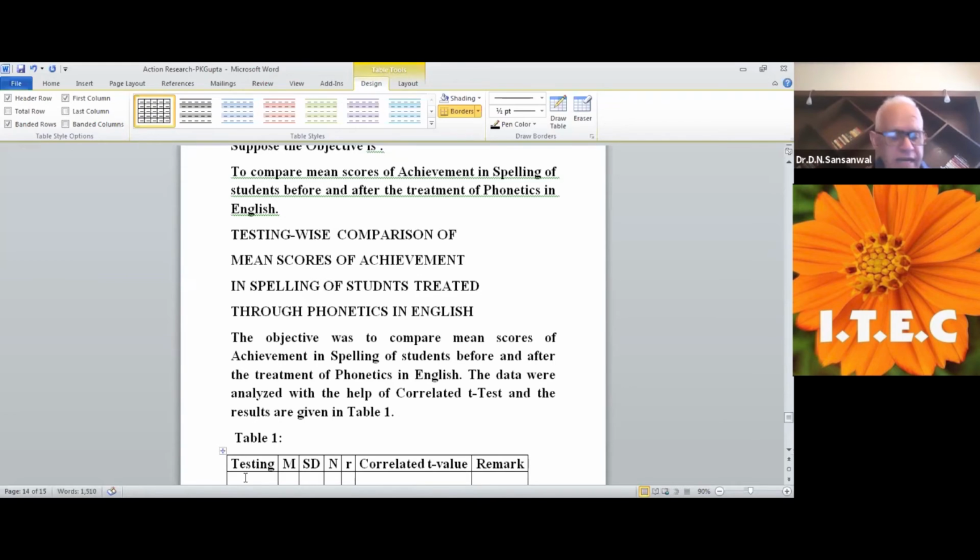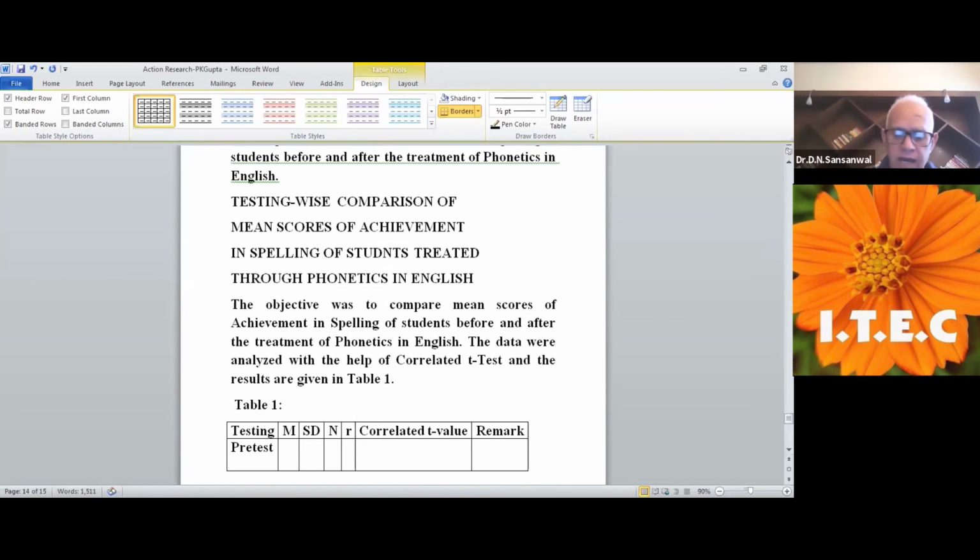Now here I say pre-test. Then I say post-test. And then I write here the mean. Mean is 1.50, and then this is 4.00.